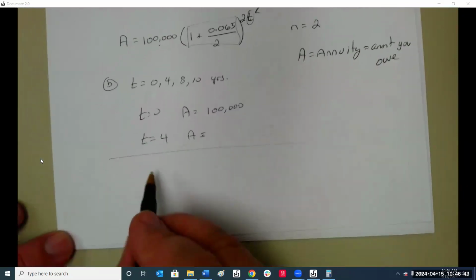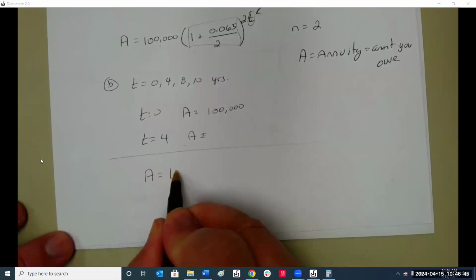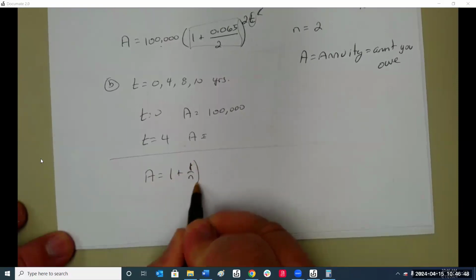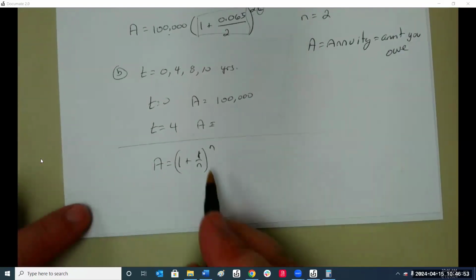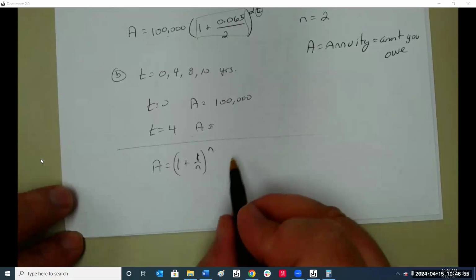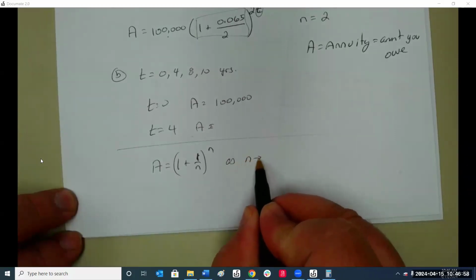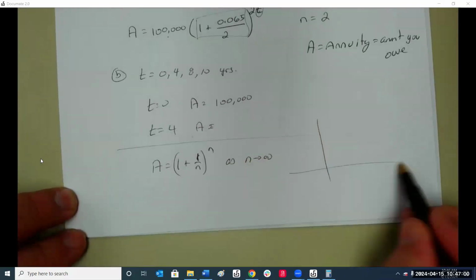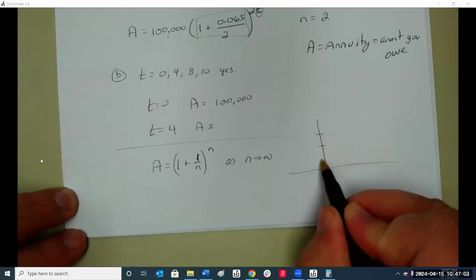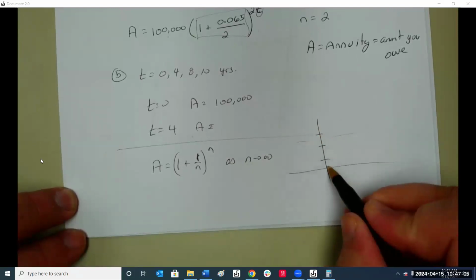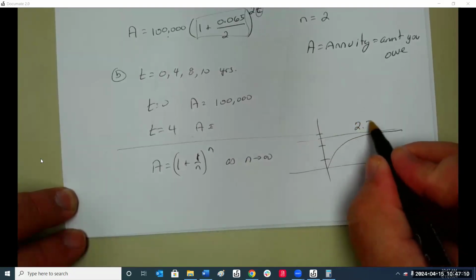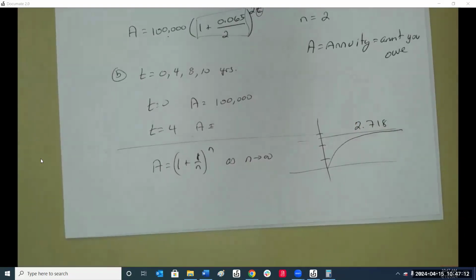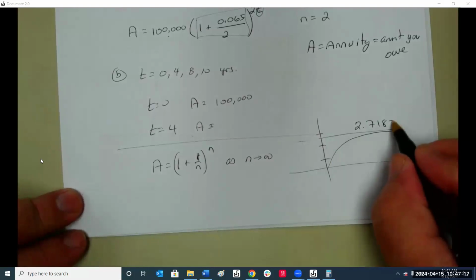If we graphed this function, 1 plus 1 over n to the power n, as n goes to infinity, what would happen to our graph is we would taper off somewhere at 2.718. 2.71828.